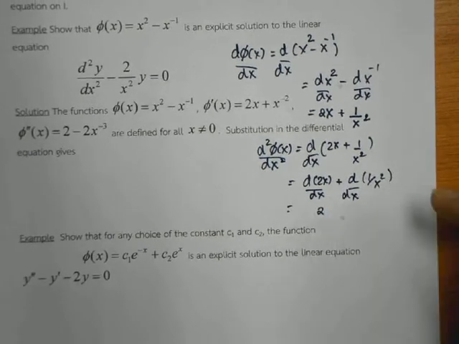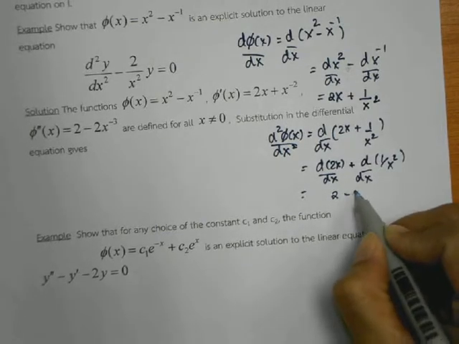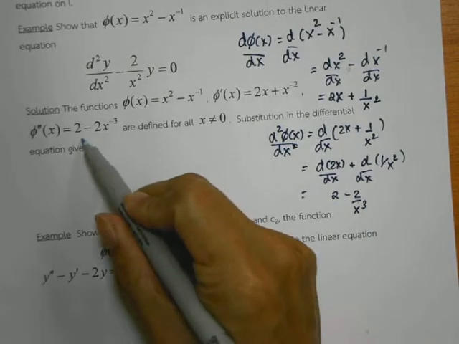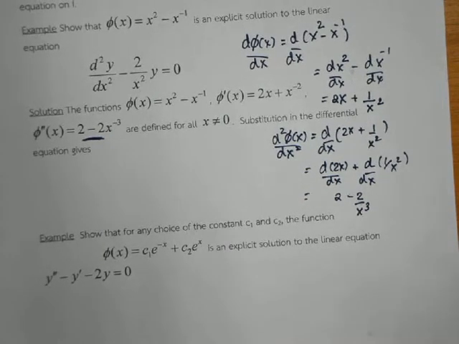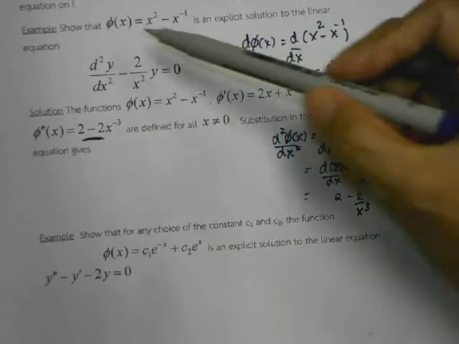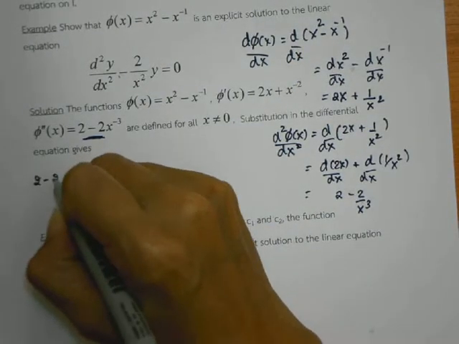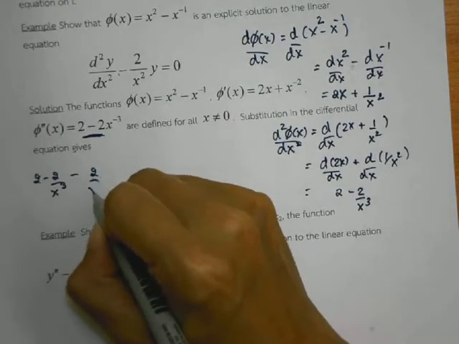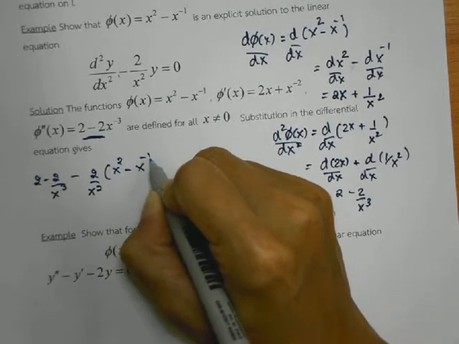And the second term you get negative 2 over x to the power 3, which is this one. Then you just plug this in there. So you would get 2 minus 2 over x to the power 3, minus 2 over x squared times x squared minus x to the power negative 1.